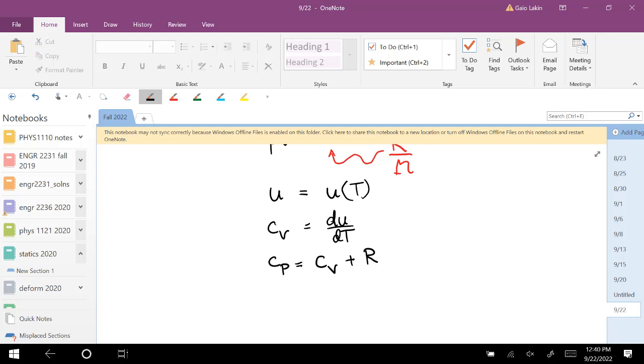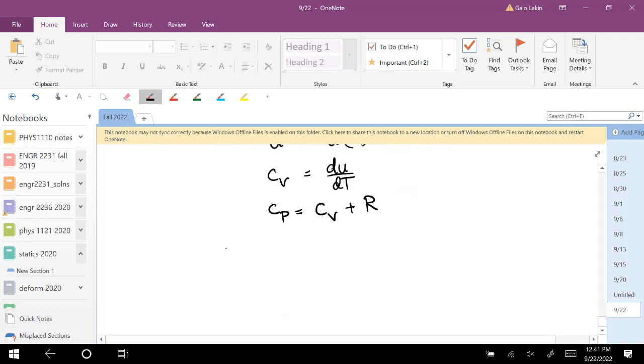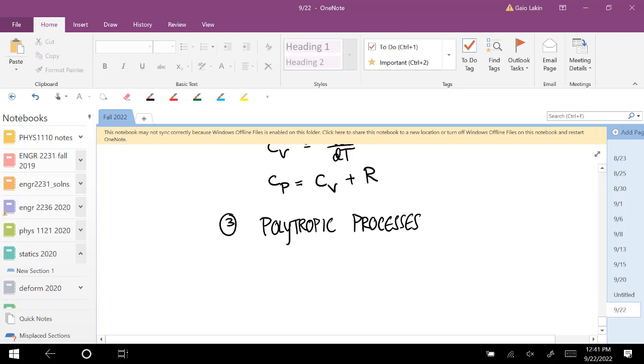So the next one I want to talk about, number 3, is the one that we didn't use this term for, but we did do a couple problems like this. This is polytropic processes. Those are processes of the form P times the extensive volume to the R is a constant.